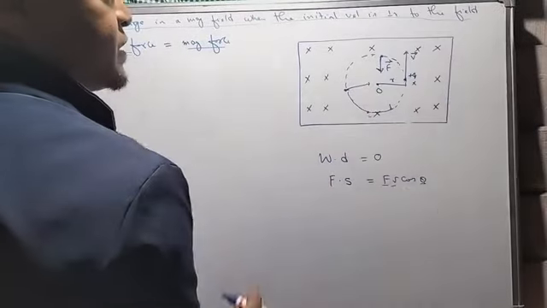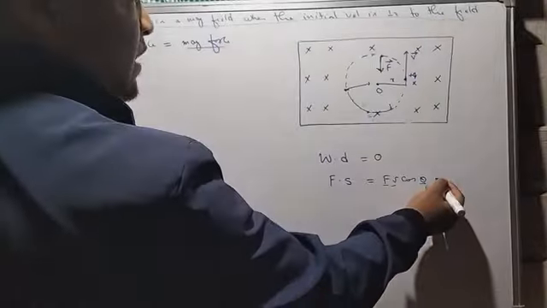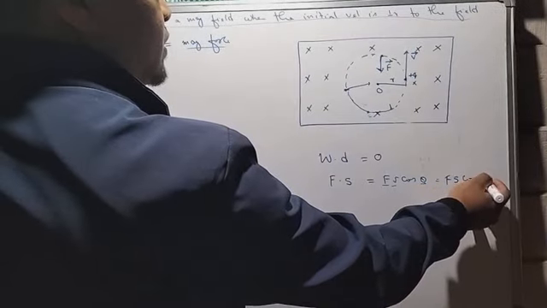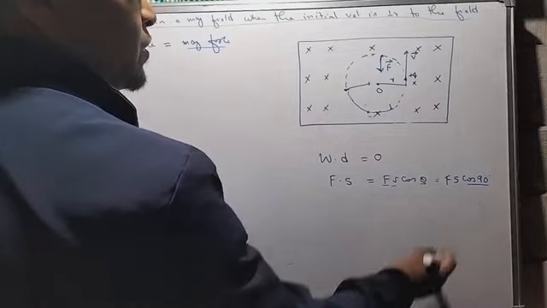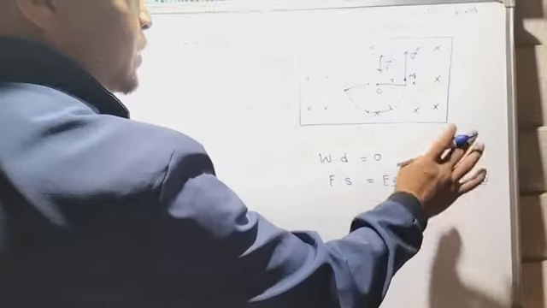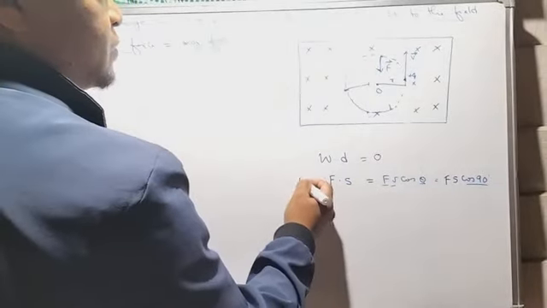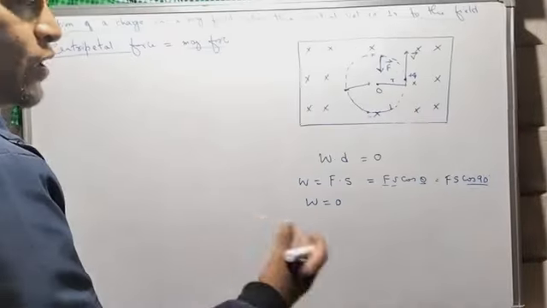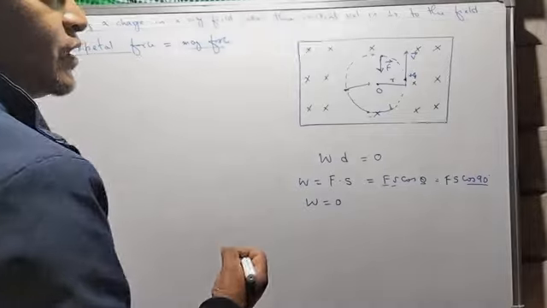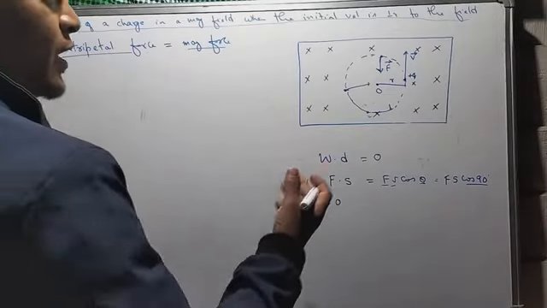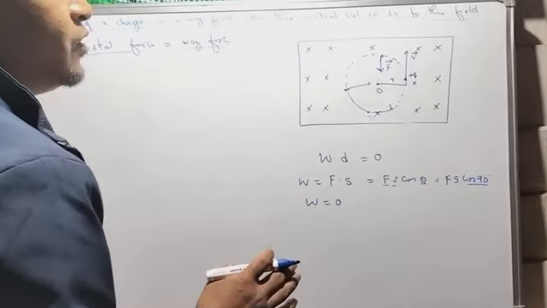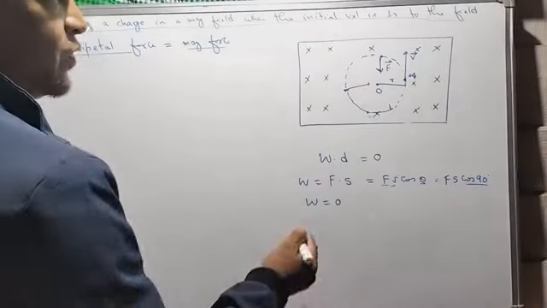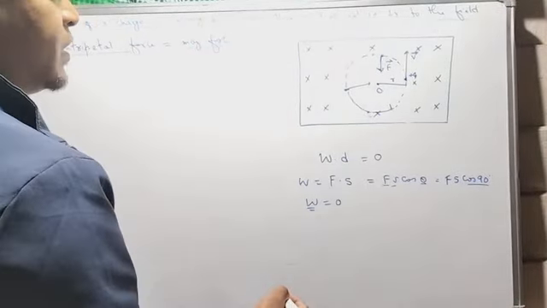So theta is 90 degrees, and this becomes Fs cos 90. But cos 90 is 0, so 0 into Fs will be 0. So this work done is now equal to 0. When the work done is 0, as I have already mentioned, the kinetic energy of the charge will not change, because actually kinetic energy, right?